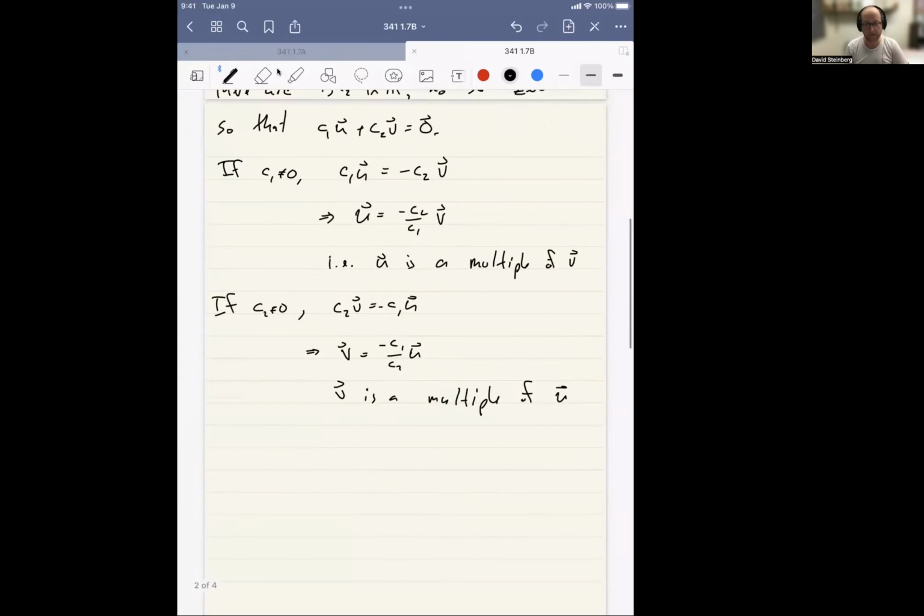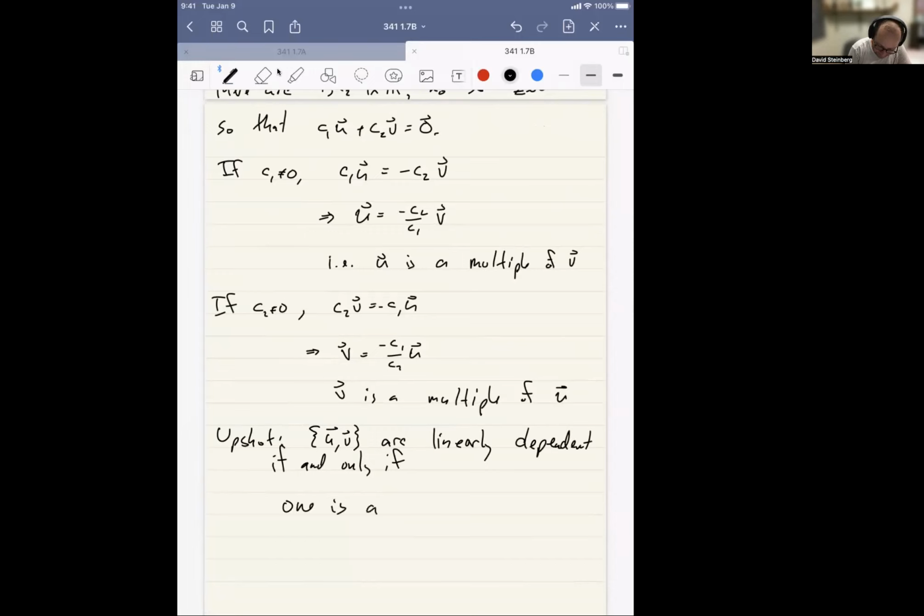And so if we want to capture both of these situations at the same time, we can say, well, the only time when two vectors are linearly dependent is if one is a multiple of the other. So the upshot: u and v are linearly dependent if and only if one is a multiple of the other.